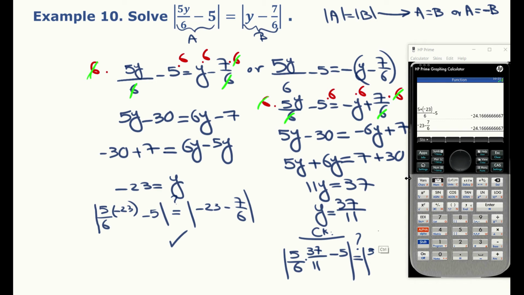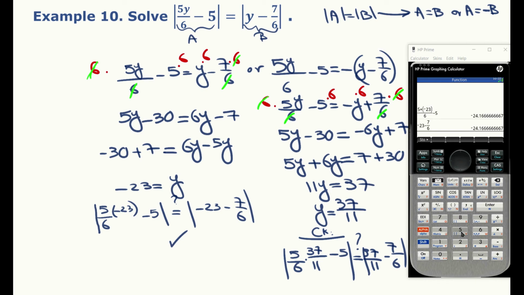My mind was still stuck in that 5/6. Remember, we're going to calculate the interior parts first, and if they happen to be either equal or opposites, we're going to be okay, right? Because the absolute values will make the two sides the same anyway.